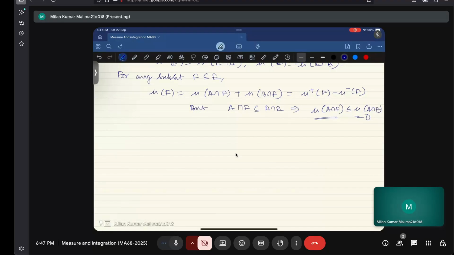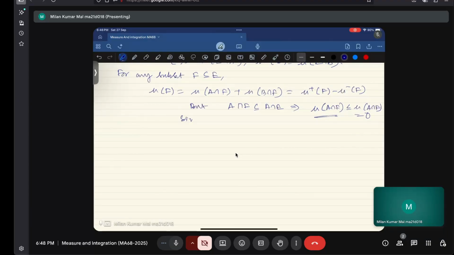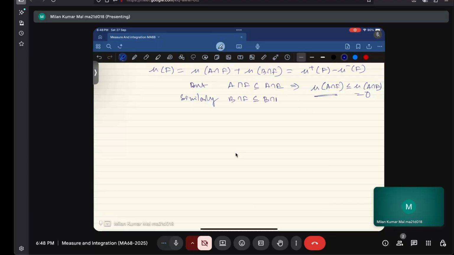So now, similarly, B intersection F is a subset of B intersection E, that gives measure of B intersection F less than or equal to measure of B intersection E, which is equal to 0, because this is mu plus and this is mu minus.